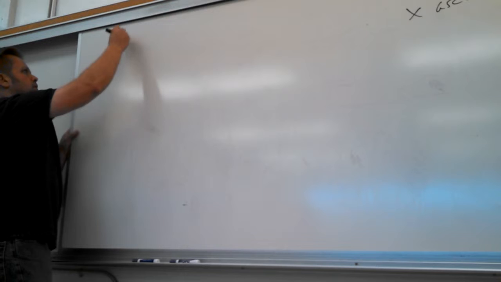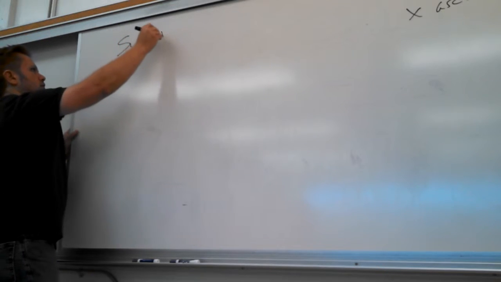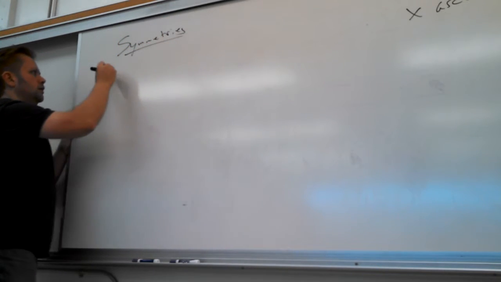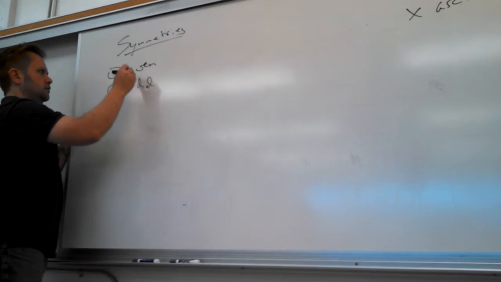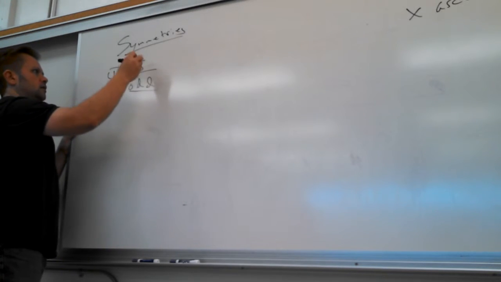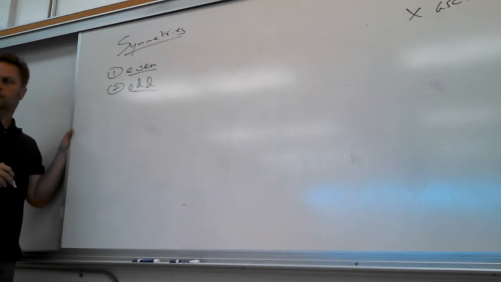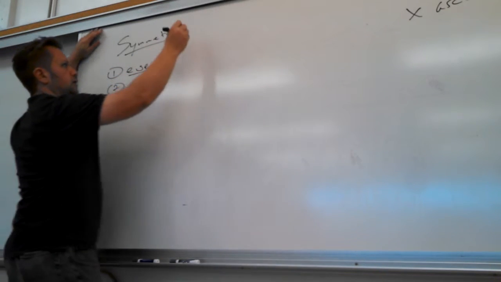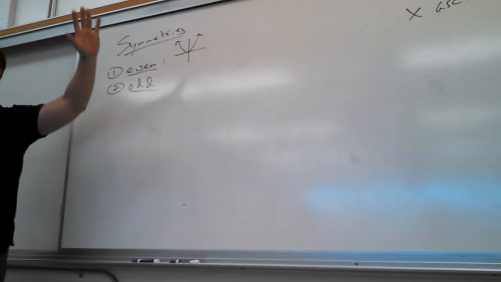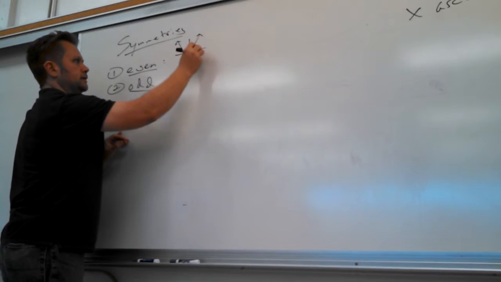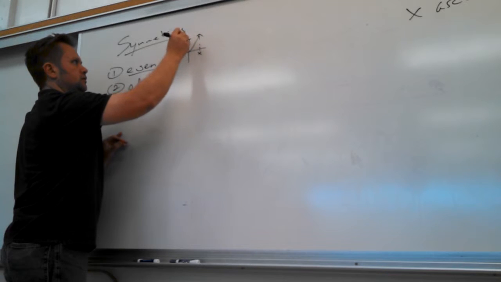So the main types of symmetries that we know at the moment are just 2. We know even and odd. We're going to learn some more symmetries eventually. For even symmetry, I just remember it's like x squared, which makes sense because it's an even power. So when I plug x in, I get f of x out.